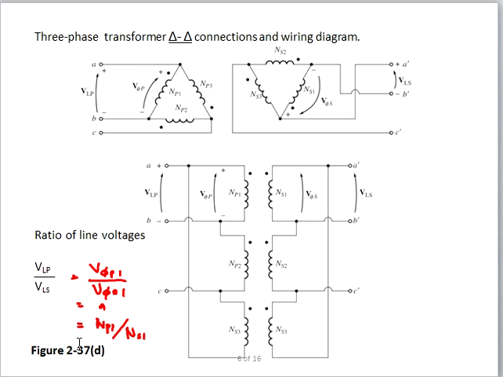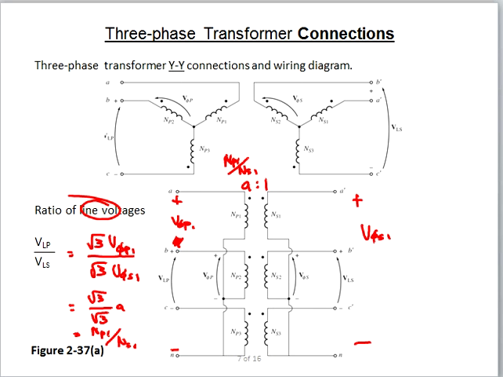It's gonna be just N primary over N secondary, equal to the voltage of the primary transformer over the voltage of the secondary transformer.